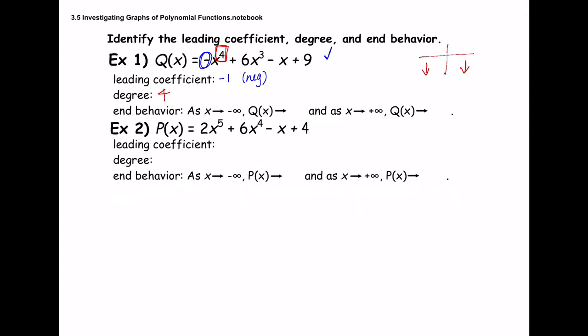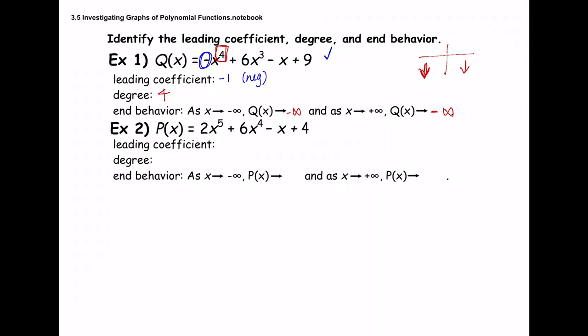So our end behavior, we say, as x approaches negative infinity, our y is also approaching negative infinity. So we're telling where our arrows are pointing. As x approaches positive infinity, q of x, or y, is also approaching negative infinity.